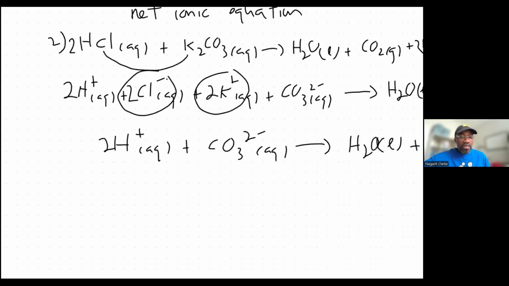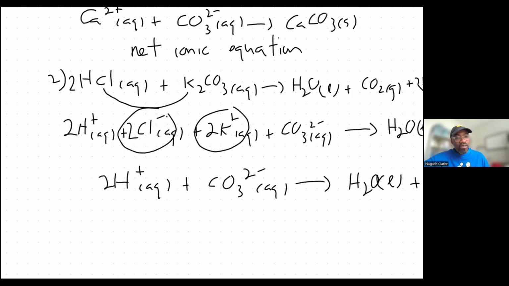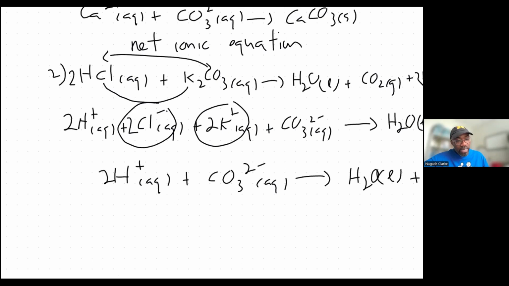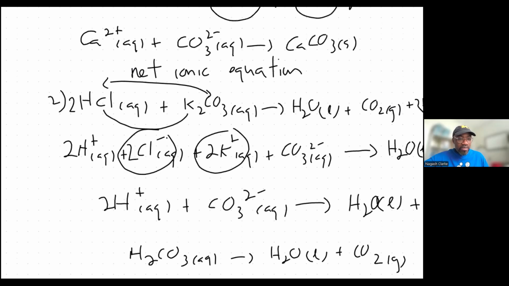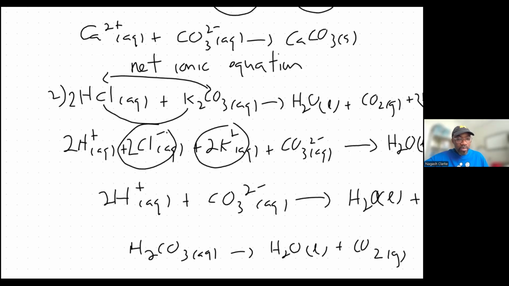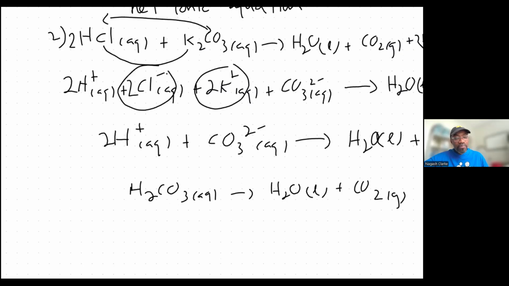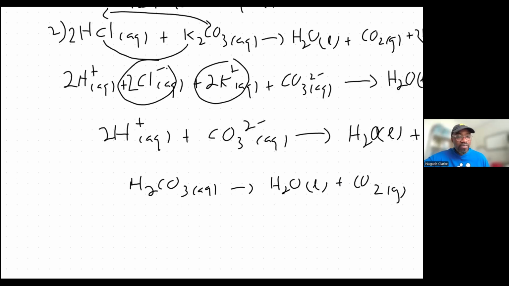This one doesn't look like partners are being swapped, but it essentially does, because the H and the CO3 actually combine to give carbonic acid if we're being really specific, but that breaks down very easily to H2O and CO2. That's why we don't write the carbonic acid. It would be a true swap: KCl and carbonic acid, but the carbonic acid immediately breaks down to H2O and CO2. So that's why we just write that. Just want to give you some greater context.